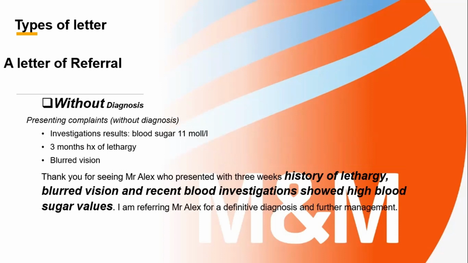So when we don't have the diagnosis given, in that case, you have to mention the same symptom that has been given. That is your letter of referral without diagnosis, right? Okay.